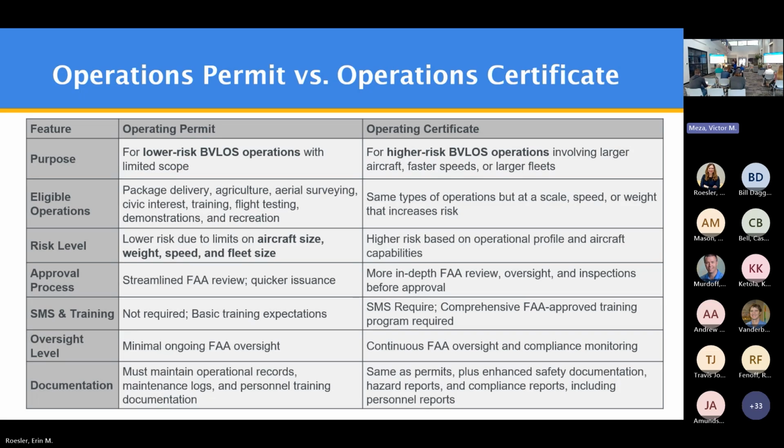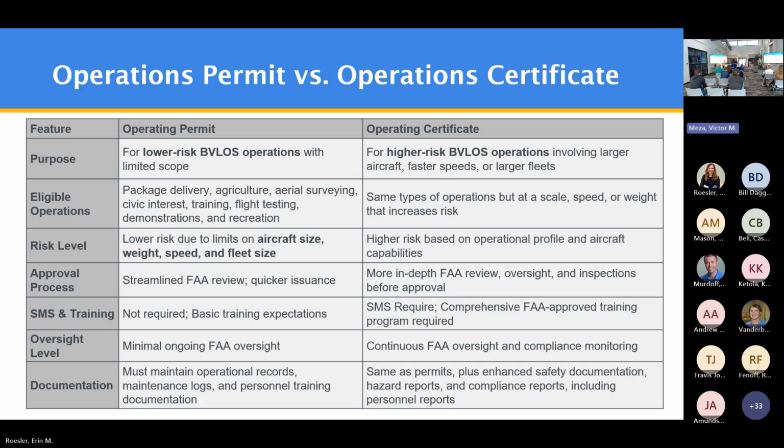And you can see that from the eligibility requirements, risk level, approval process, and oversight scales based upon permit versus certificate. I'll jump down to SMS, safety management systems, and training. The difference is there, right? Under an operating permit, SMS is not required, and the training expectations for my personnel are just some basic training expectations.